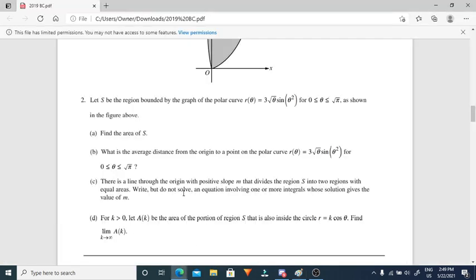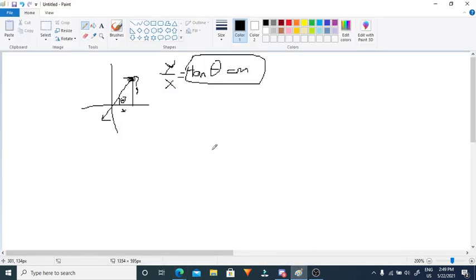So there's a line through the origin whose positive slope m divides the region S into two regions with equal areas. We actually found the area in part A, which means we can set up an integral where we use this identity to find the endpoint theta that splits the region S into two. Imagine we have a theta.